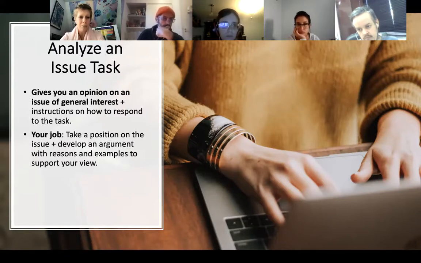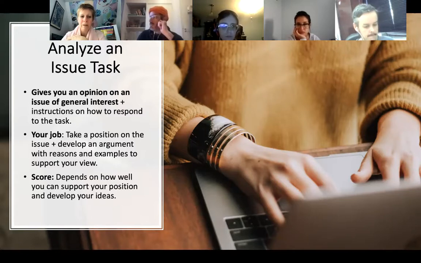And then your job is to take this position. So this is your opinion. Take a position on the issue and develop an argument, whether you support it or not, and explain why, all right? Your score depends on how well you support what you wrote, right? So just think about what you've practiced already.